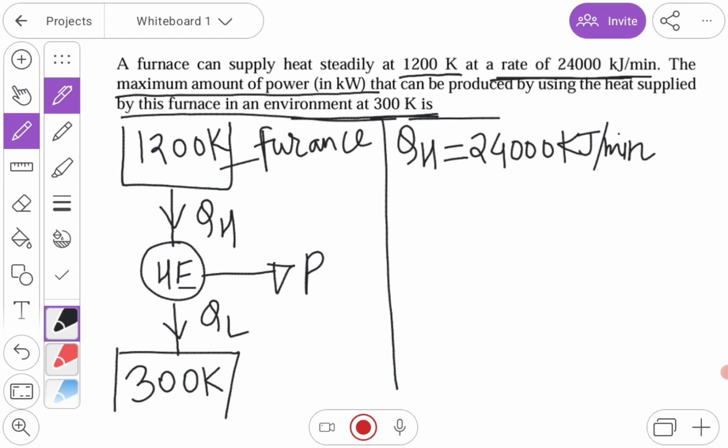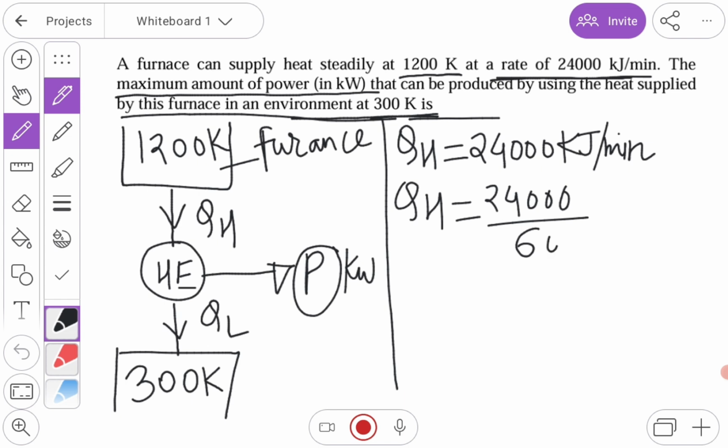As we have to calculate power in kilowatts, I will have to convert this QH into kilojoule per second. So I will write 24,000 divided by 60. 1 minute is 60 seconds. Kilojoule per second.